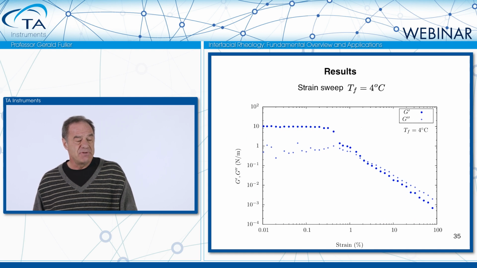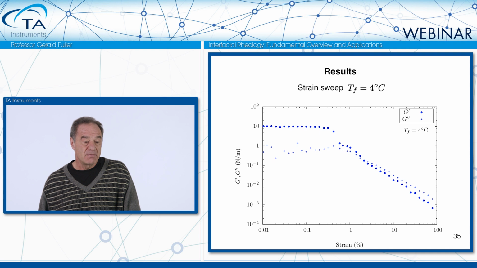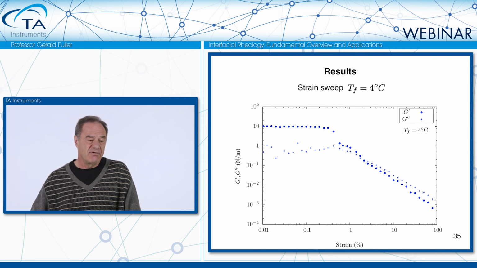Here's a strain sweep, and you can see the moduli. The upper one is the elastic modulus. The lower one is the viscous modulus as a function of strain. And you can see at about 0.5% strain, you get a yielding of this hydrate film.